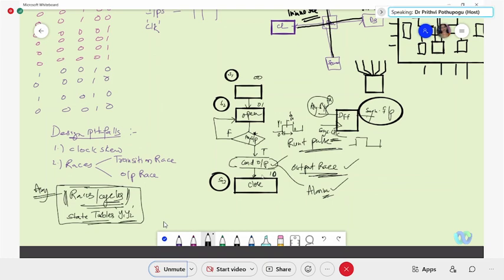Now, the changing of state variables depends on the order of changing. This is the same thing as your critical race.